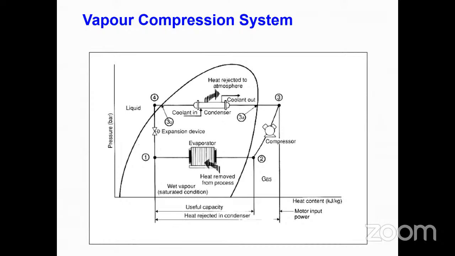So this is already discussed. What is the function of all four equipments: compressor, condenser, expansion valve, and evaporator. We could see the useful capacity of the evaporator, the cooling capacity. This is the useful capacity. Then this is the heat rejected from the condenser.